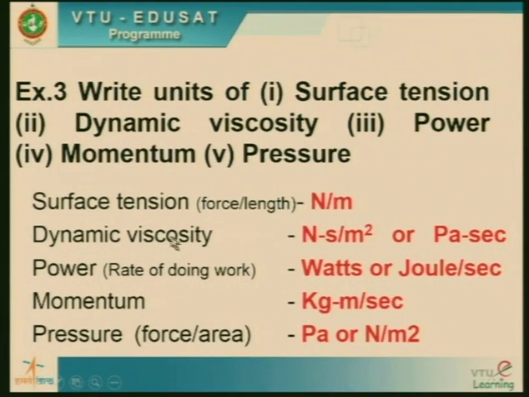Dynamic viscosity, we derived from the basics, Newton second per meter square. Power, watts. Momentum, mass into velocity, that is kg meter per second. And the pressure, which is nothing but force upon area. Force is Newton and area is in meter square for the SI units, or we can say it is Pascal. So, it is a very simple question.